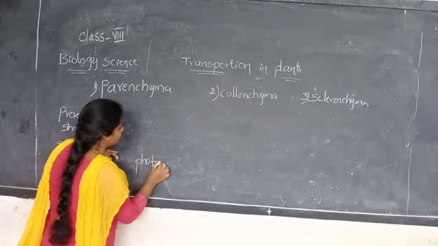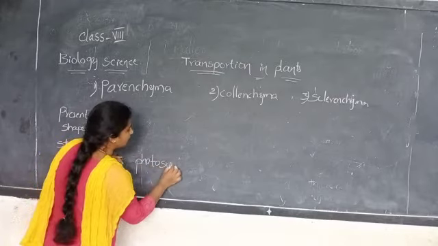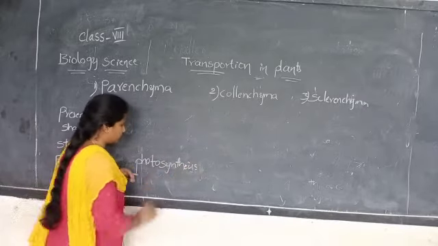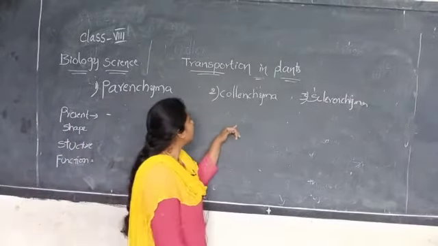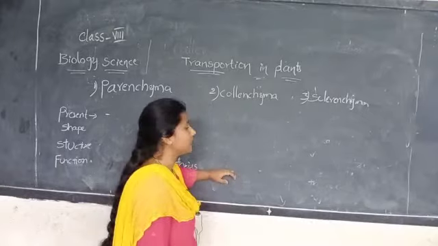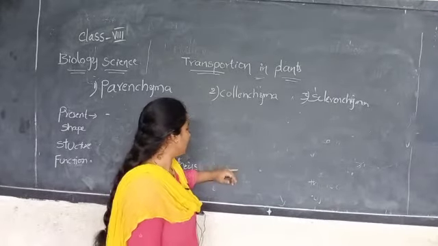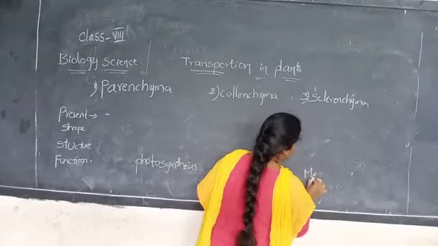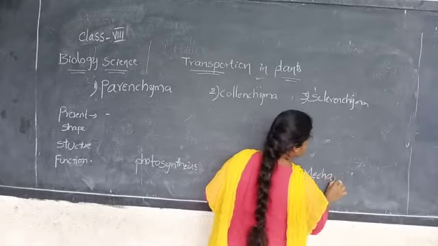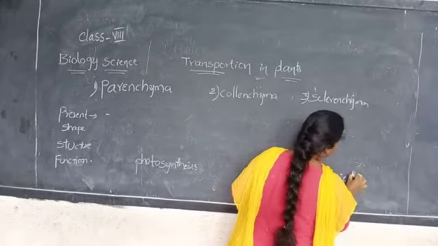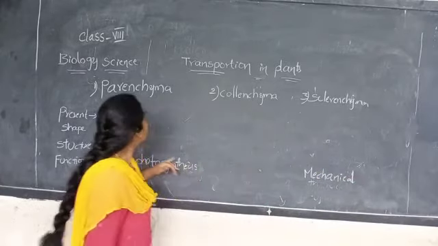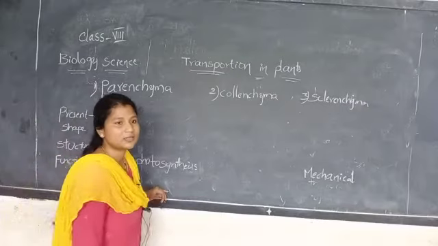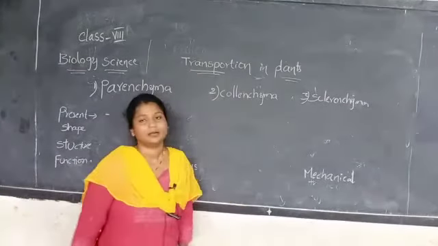Collenchyma supports the stem all over the plant. It gives mechanical support to the plants. This is simple permanent tissues. From the next class, we'll see the complex permanent tissue.